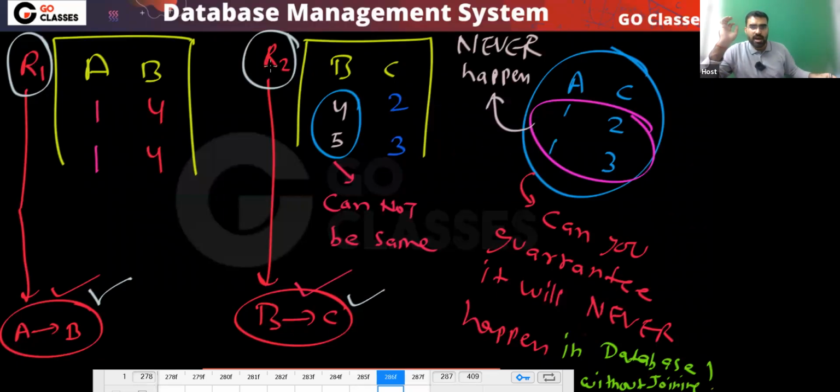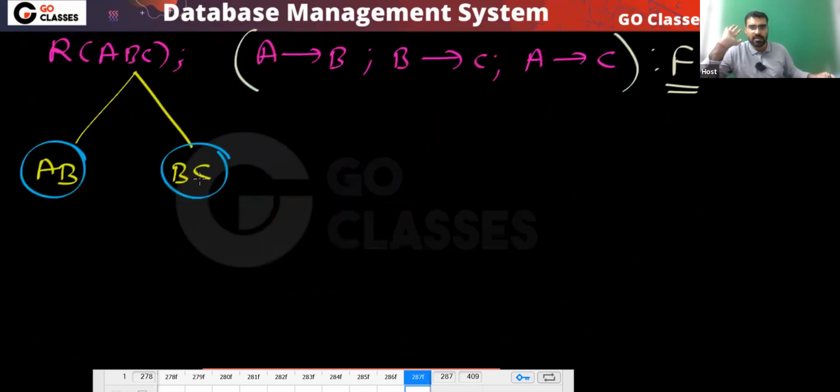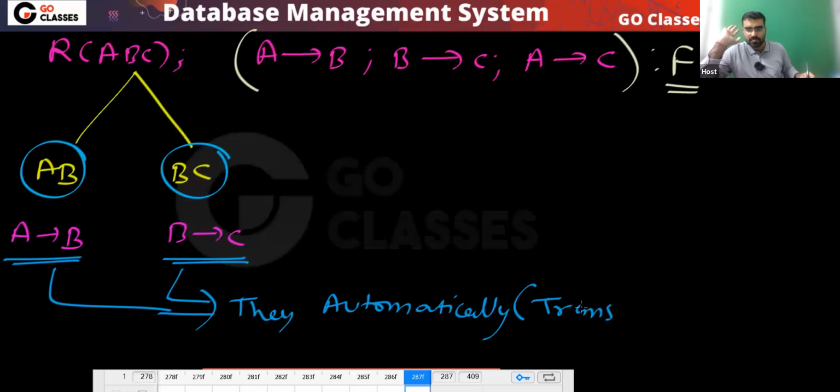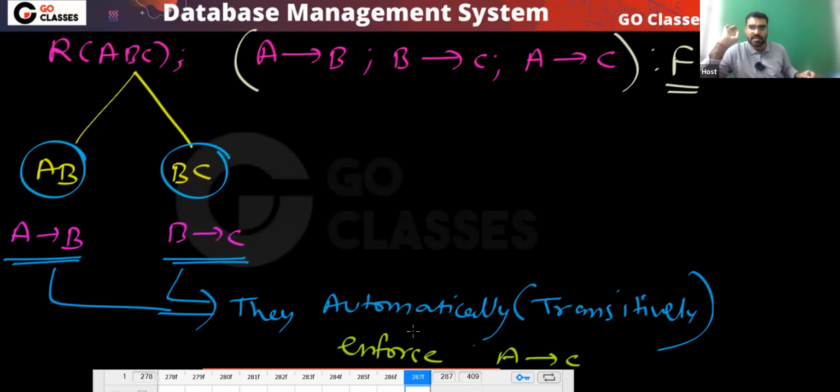R1 should do its work, R2 should do its work. Then transitively this will automatically happen. Is this clear? A very simple point. Here A determines B, here B determines C, so they transitively enforce A determining C. Do you agree?